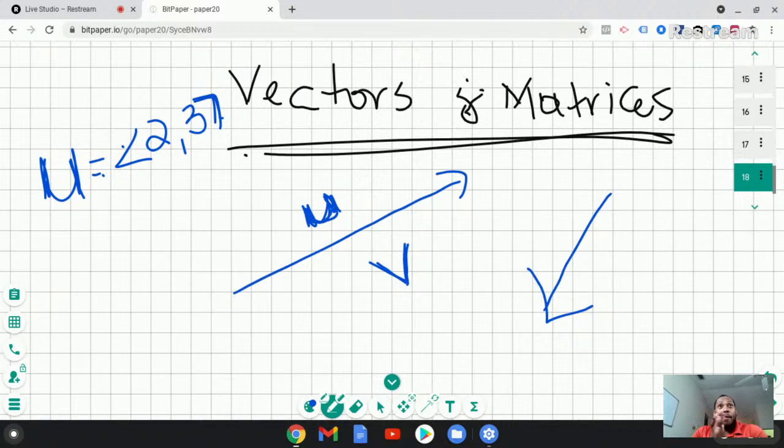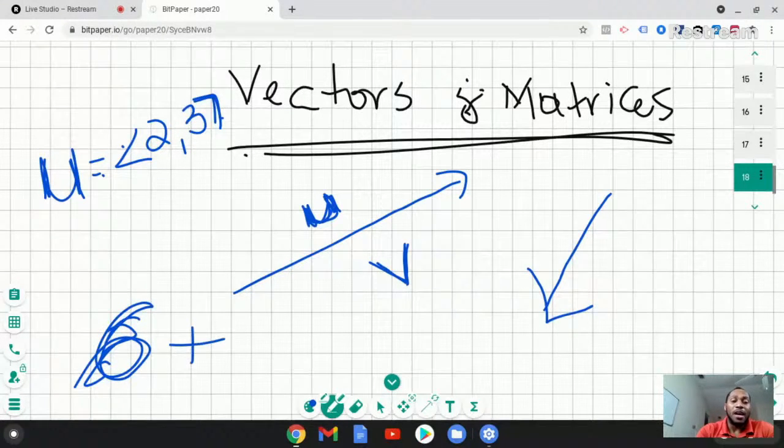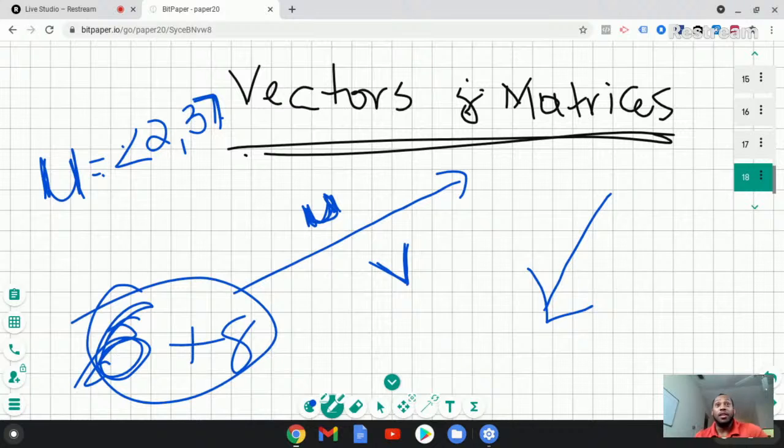So now, how do we add those? Let's say I have one vector and I want to add it to another one. It's common sense: if I have the number 6, and that has nothing to do with vectors, and I want to add it to the number 8, I know how to do that already. 6 plus 8. But in vectors, what you do is you add the corresponding terms.